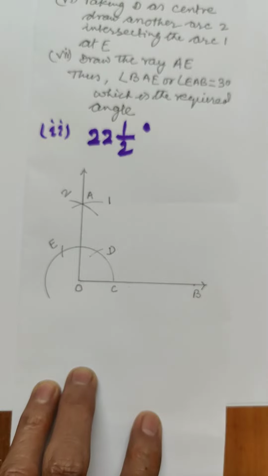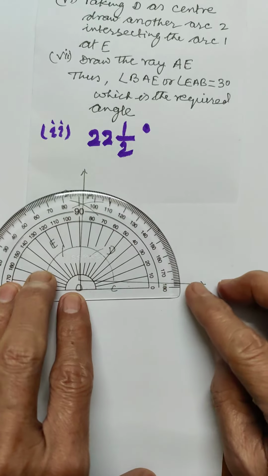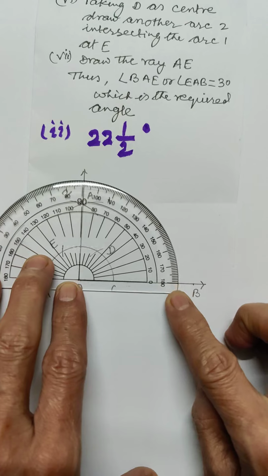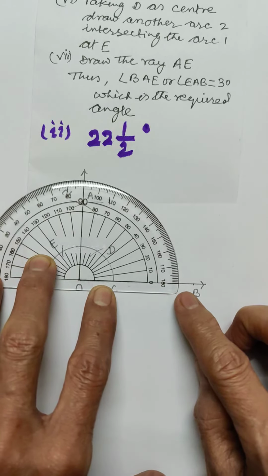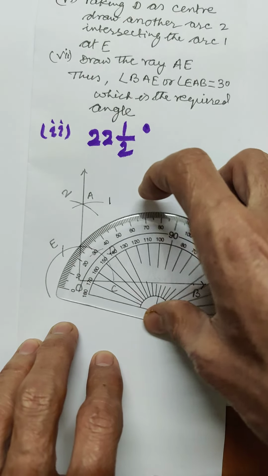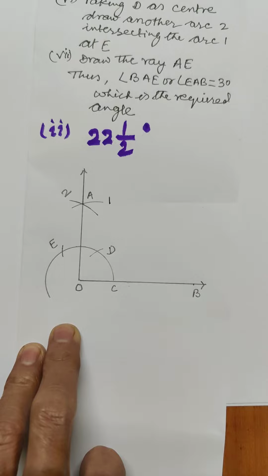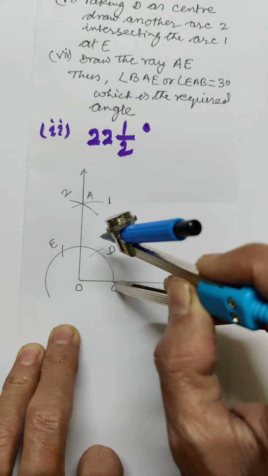So this way we have constructed an angle of 90 degree, checking whether it is 90 degree or not. It is 90 degree. Now, by dividing this angle of 90 degree into two equal parts, we shall get an angle of 45 degree.